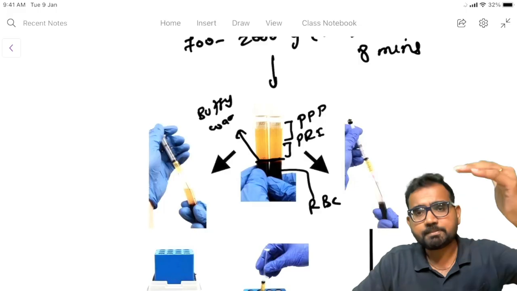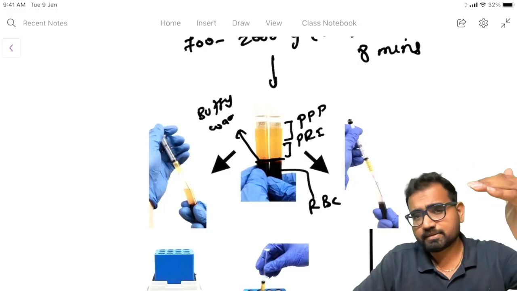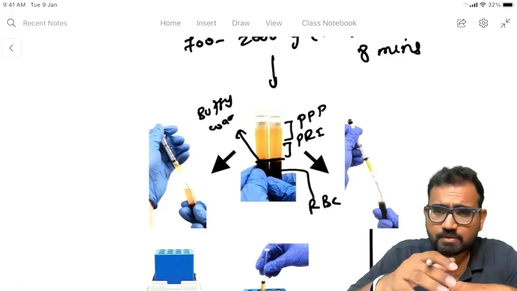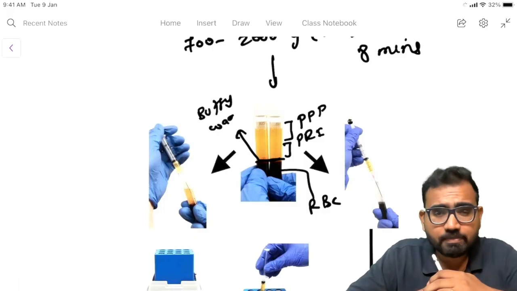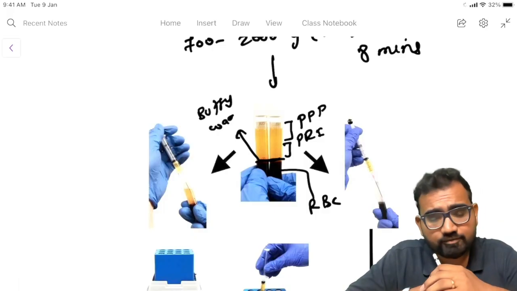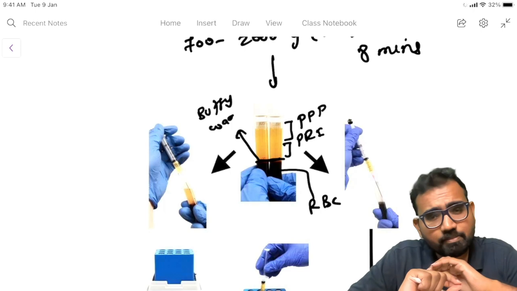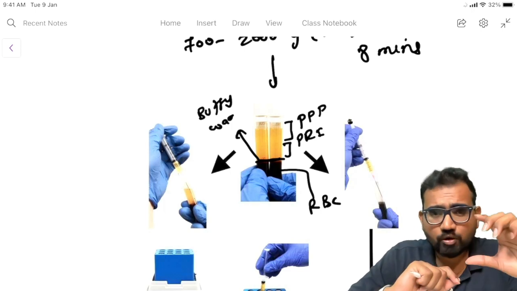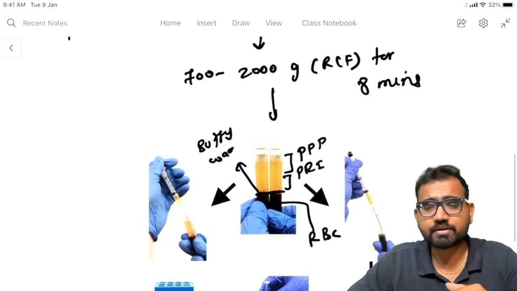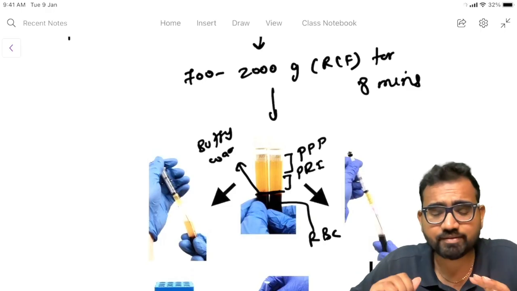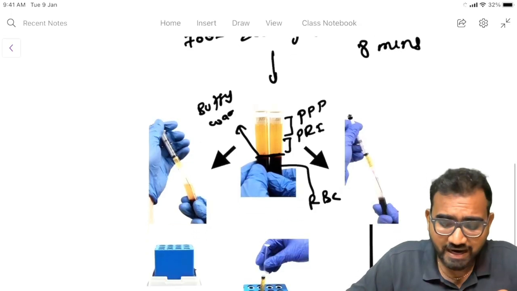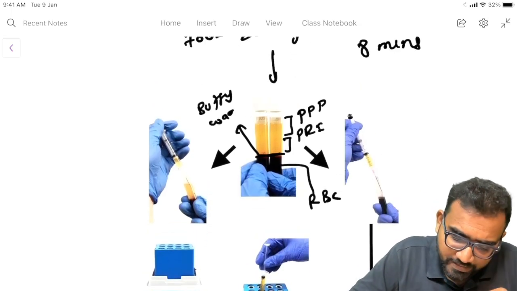The PPP layer is platelet poor plasma. Below the platelet poor plasma we have PRF, then a buffy coat, and then the RBCs. Once I obtain this by centrifuging at 700 to 2000 G for 8 minutes, I am taking just the PPP layer.